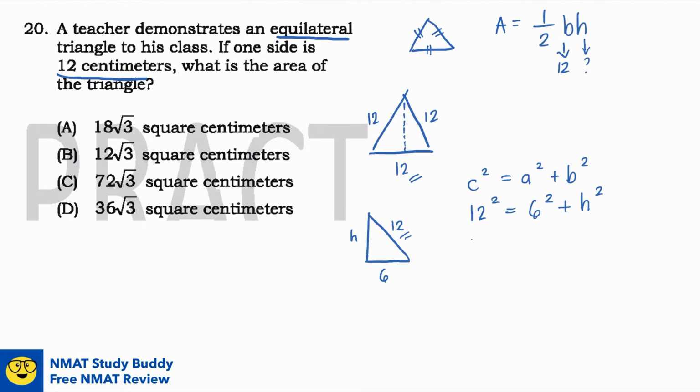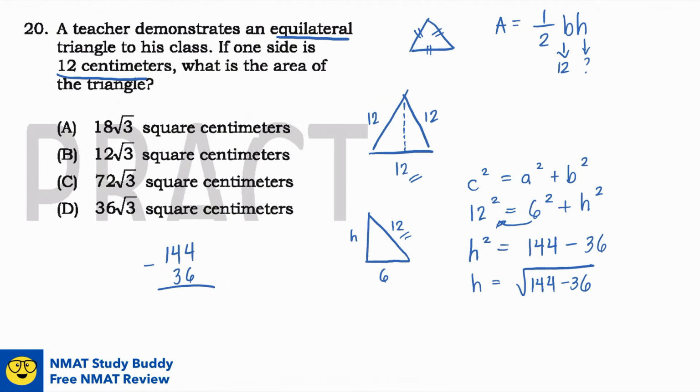Makukuha na natin yung height. h squared is equal to 144 minus 36. So, h is equal to square root of 144 minus 36, which is square root of 108.